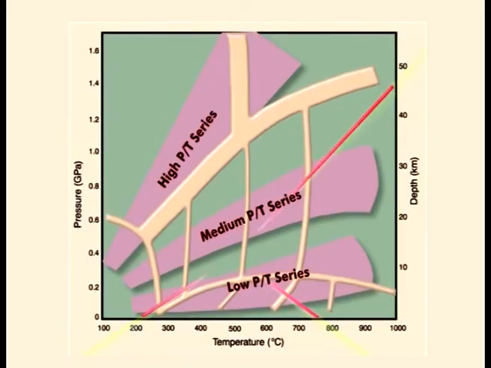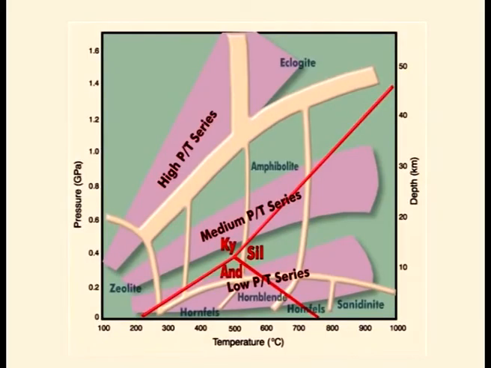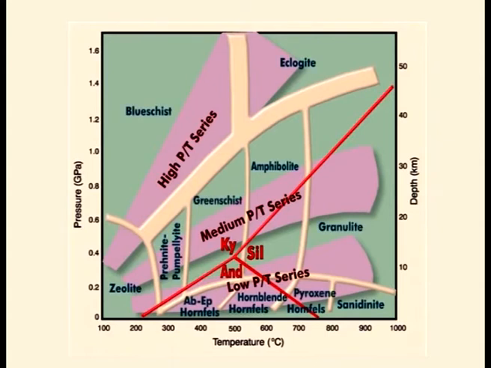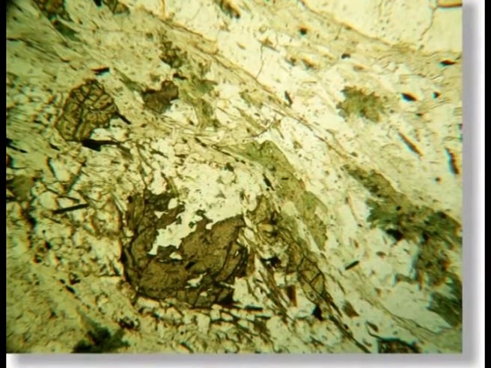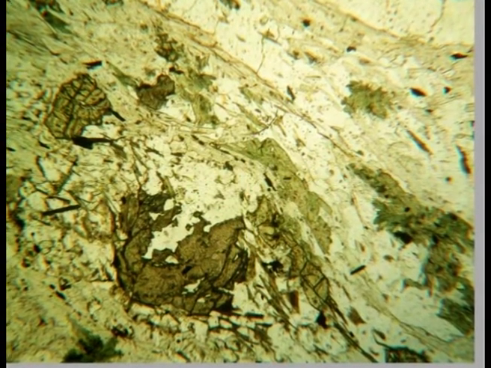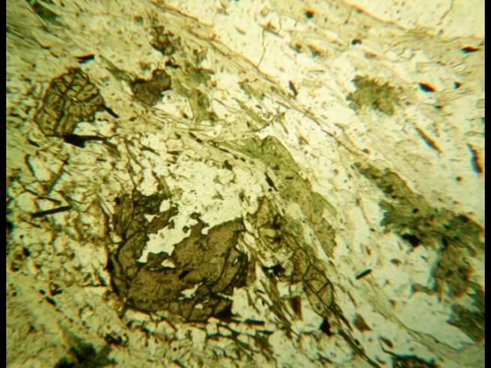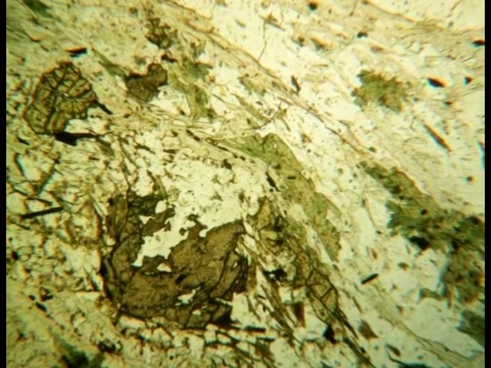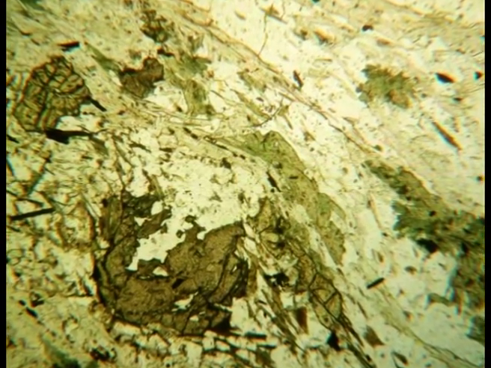Because pressure is very low, in Hornfelsic textures the grains are usually very fine and randomly oriented. On the basis of this, we can distinguish the Hornblende Hornfels facies from the amphibolite facies.